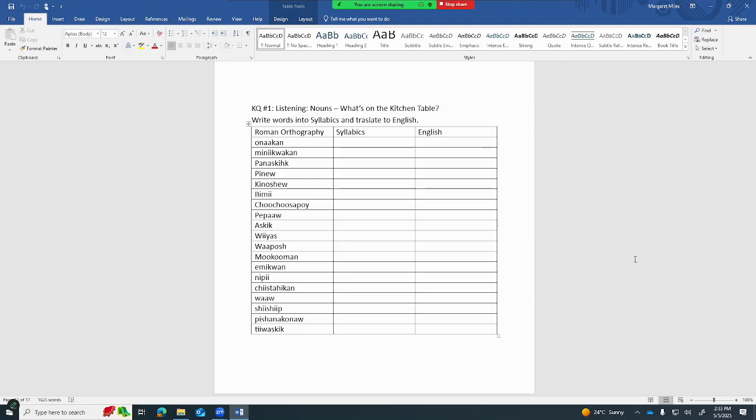Here we have three columns: Roman orthography, with the list of words under it, syllabics, and English. You're going to take these words written in Roman orthography and put them into syllabics and translate the word into English.